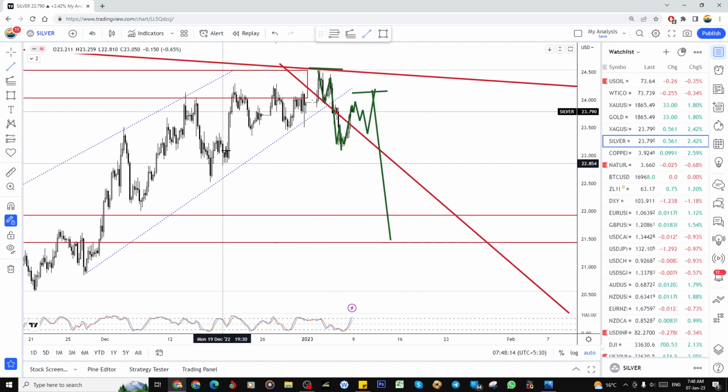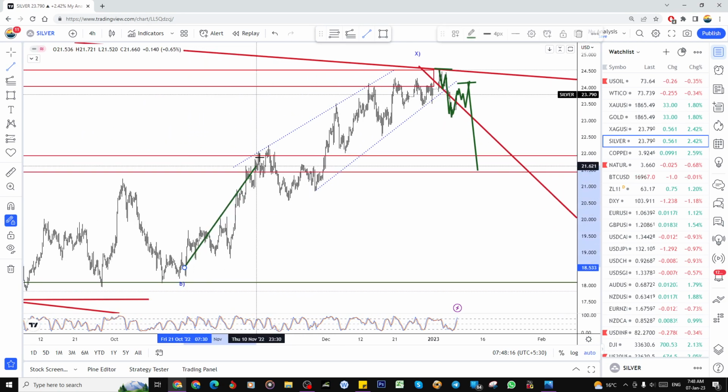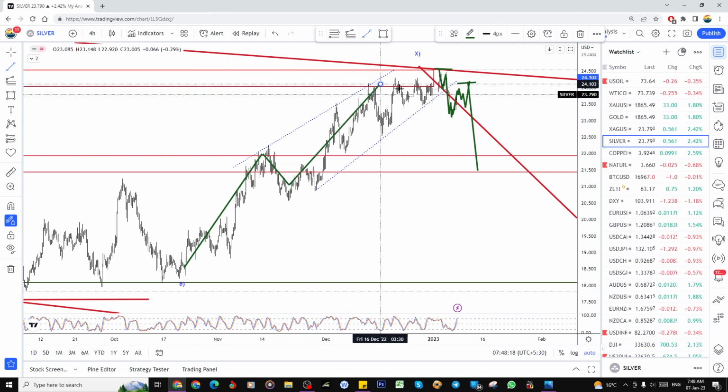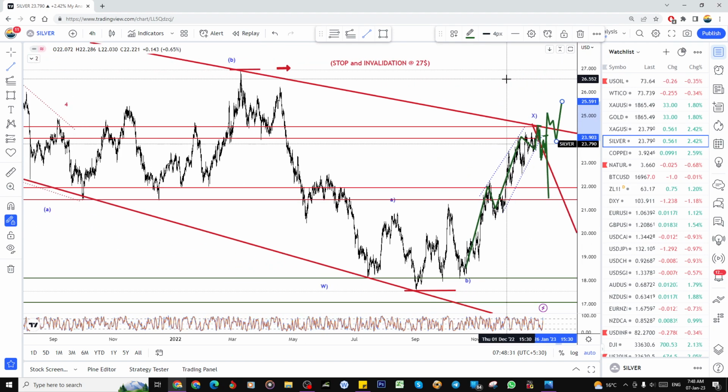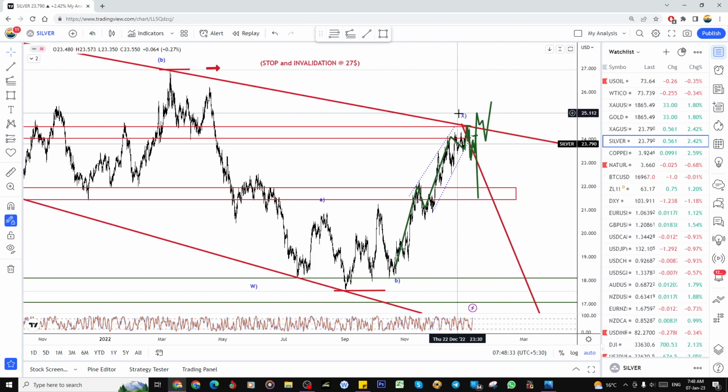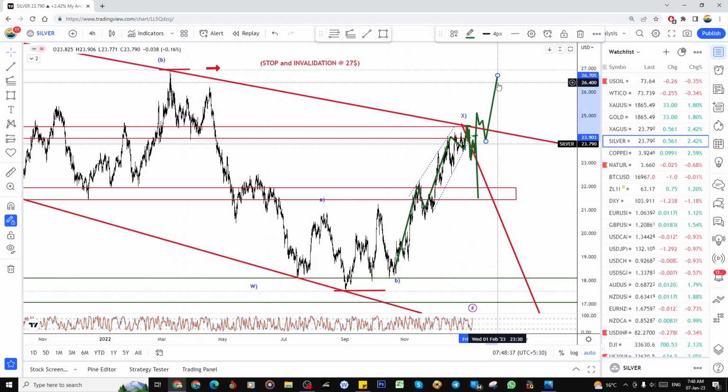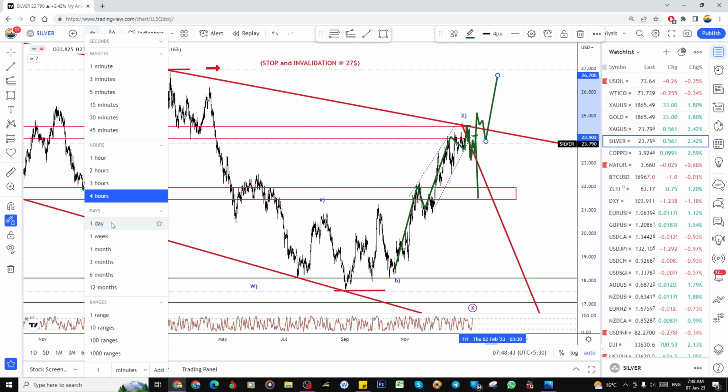So whether this is going to be a 1, 2, 3, 4, and 5, or the intermediate 1, 2, 3, 4, 5 has been completed and we are in the bigger 4, it can do one more high. It can do like this, and again it is going to do what I explained in the gold, right? So it can reach up to this zone. The stop on invalidation is $27. So we need to keep watching this for that pattern, right?